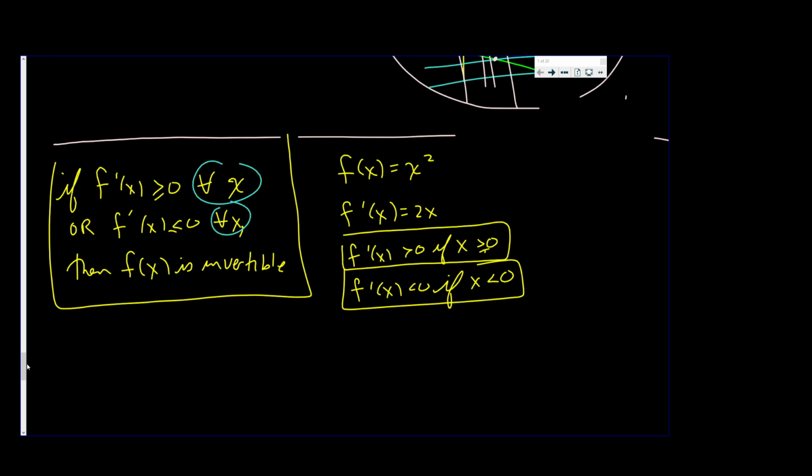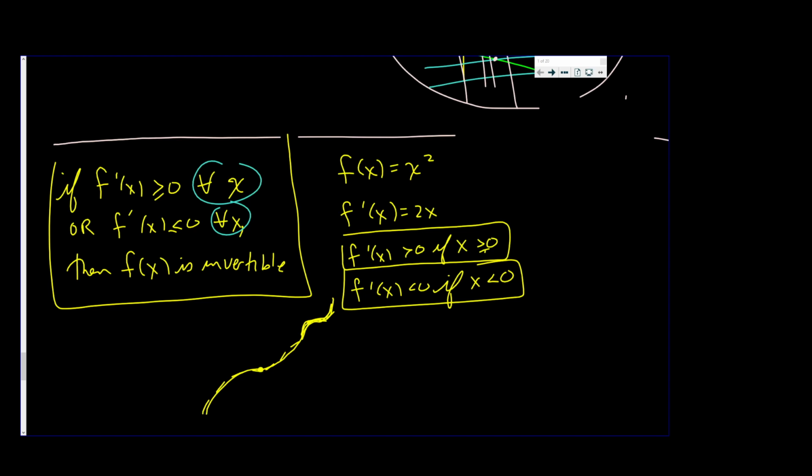Sometimes it's positive, sometimes it's negative, and it's allowed to be 0 sometimes. Okay, in other words, if it's positive, positive, less positive, 0, and then positive, and more positive, and less positive, and more positive, and then maybe 0 again, and then positive, this curve right here is invertible.